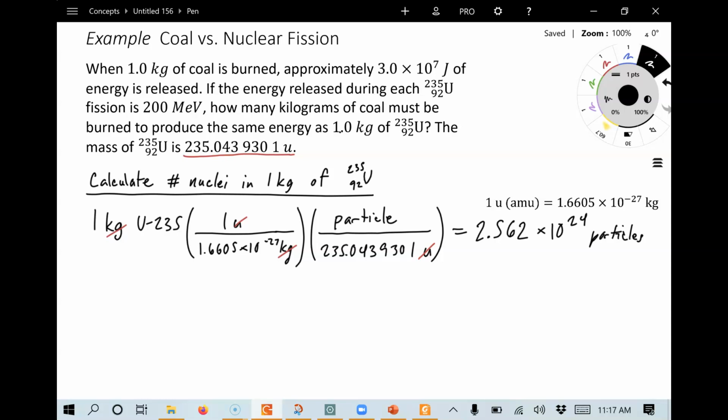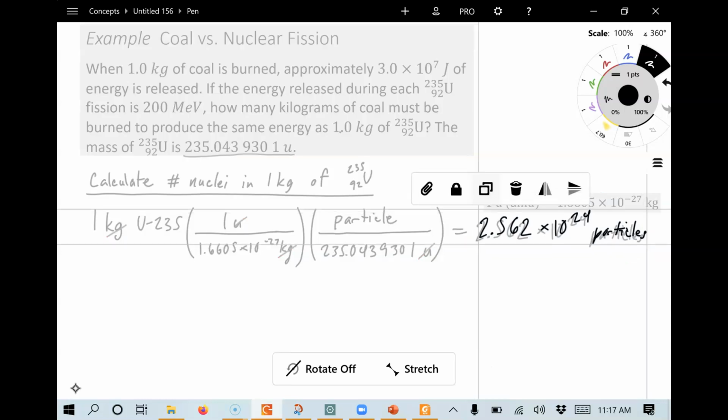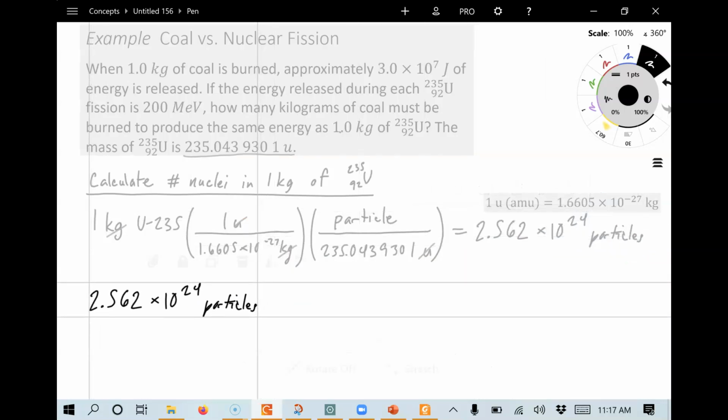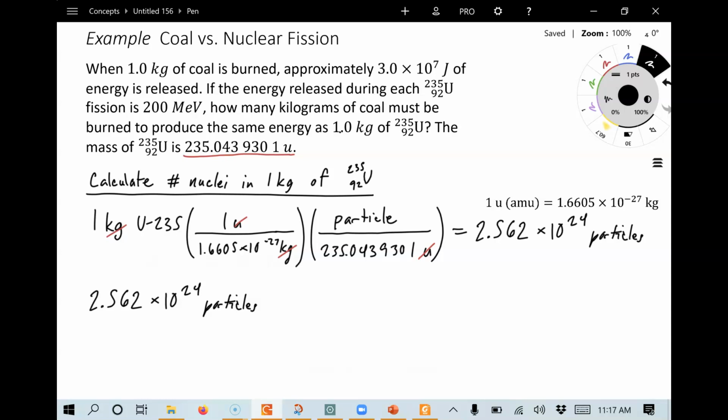Now we need to see how much energy can be generated from those particles. So we're going to assume that every single one of these particles undergoes fission, and in doing so, each of those particles releases, on average, 200 mega electron volts per fission. So let's do one more unit conversion here. That many particles of U-235, and for each particle, we're going to get 200 MeV of energy released.